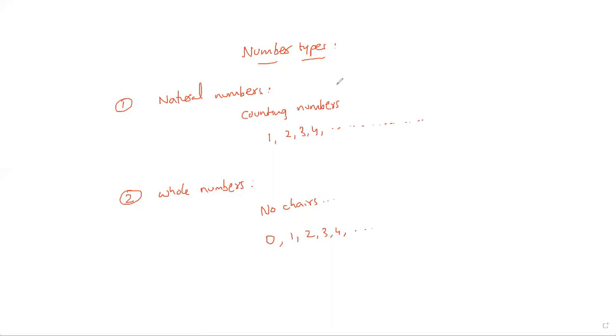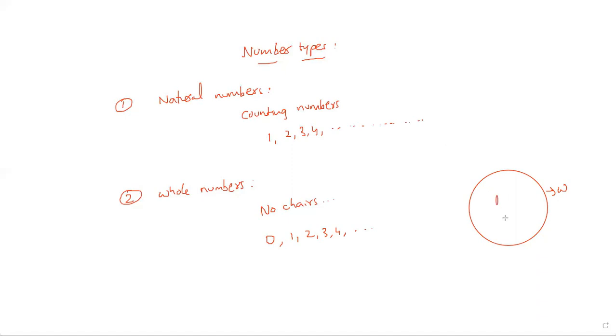Let's indicate this in a diagram form. Let's say this circle represents whole numbers, all the whole numbers. To make it easy, I'm just writing whole numbers as W. We know that 1, 2, 3, 4 are also part of whole numbers, right?